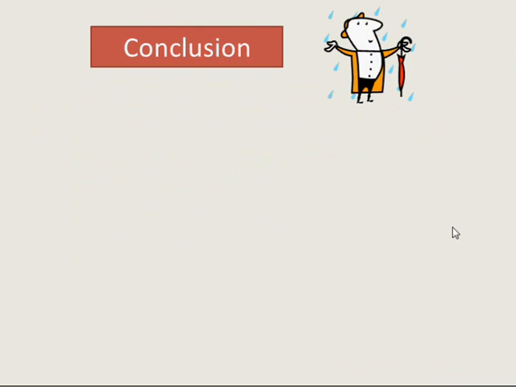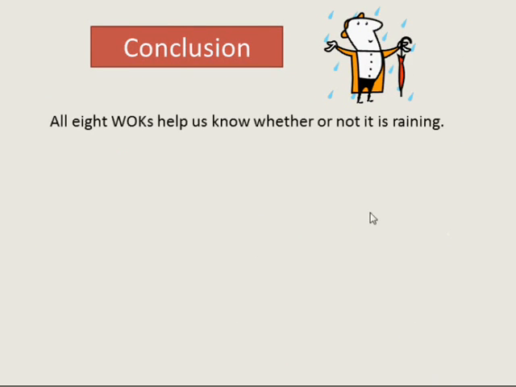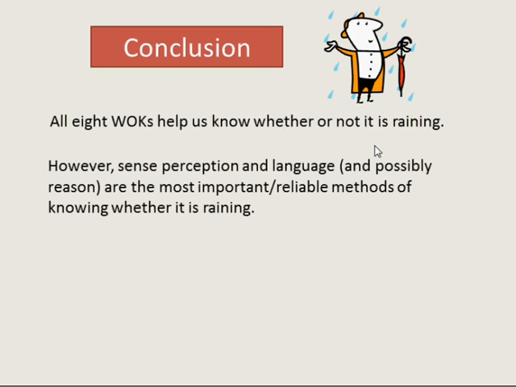So in conclusion, what do we really know about the ways of knowing? They could all help us to know whether or not it's raining. Most important, most reliable are probably sense perception and language. Probably reason would be up there as well.